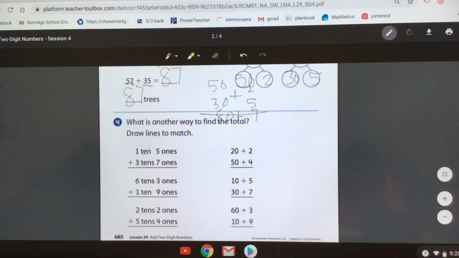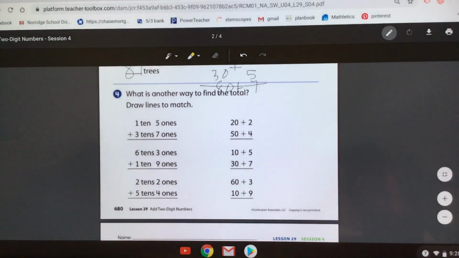All right, number 4, we're going to be drawing lines to match. So it says, what is another way to find the total? Draw lines to match. So here this says 1 10, 5 ones, 3 tens, 7 ones. Okay, so if you have 1 10, do you have 20?